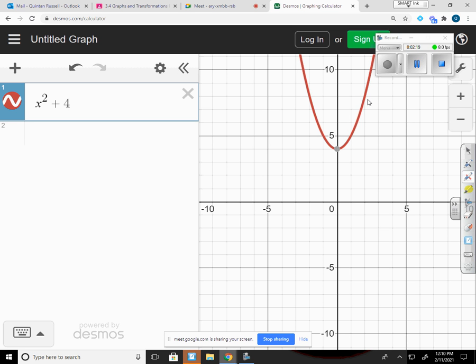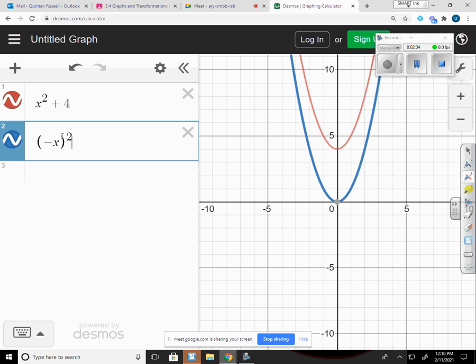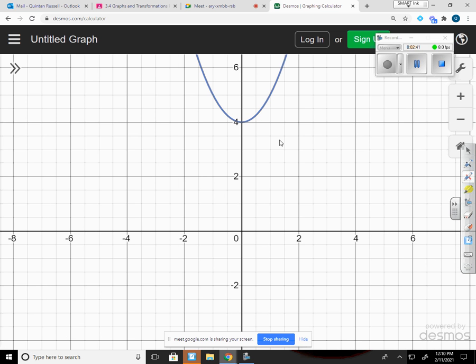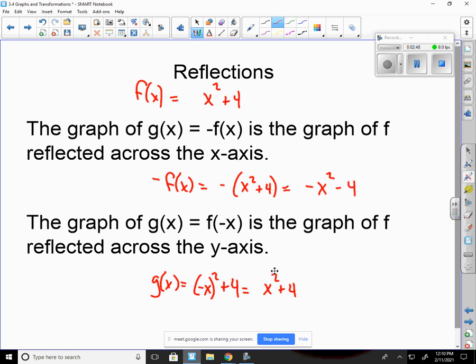If I flip this right half over, it's going to land directly on top of the left half, right? So that if I do negative x squared plus 4, it's the exact same thing. Which is why, whenever I solved that out, it ended up being x squared plus 4, because it creates the same graph. Is that always going to happen?